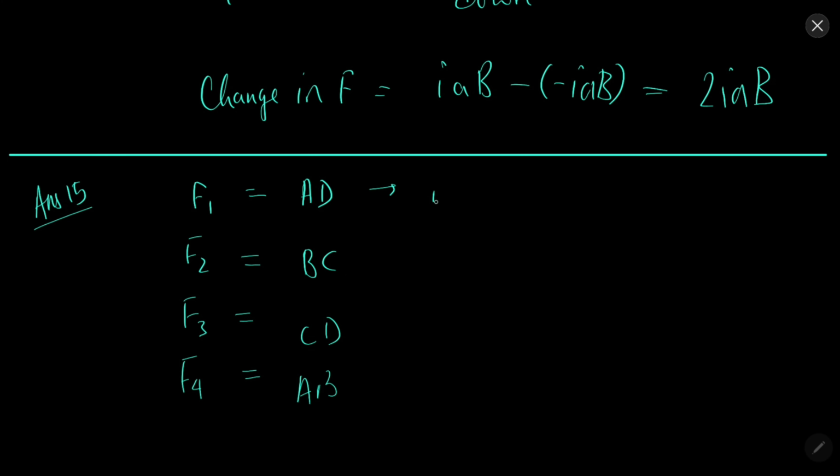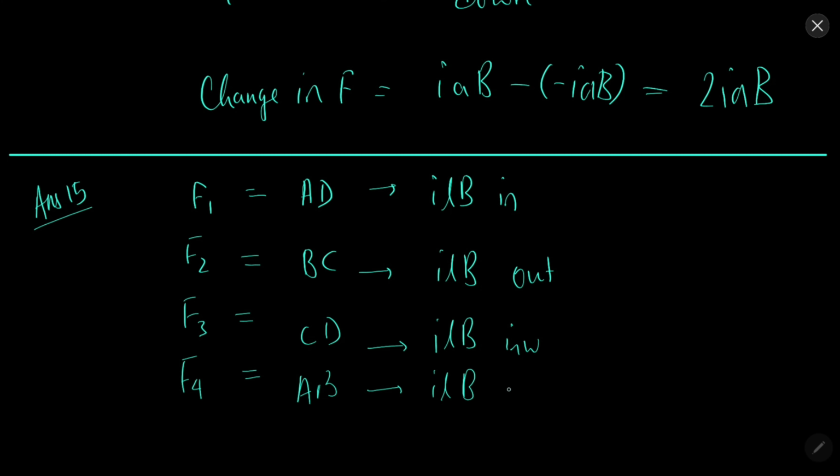So this will be ILB inward, this will be ILB outward, and this will be ILB inward, and this will be ILB outward. So they will cancel each other out, so net force will be 0.